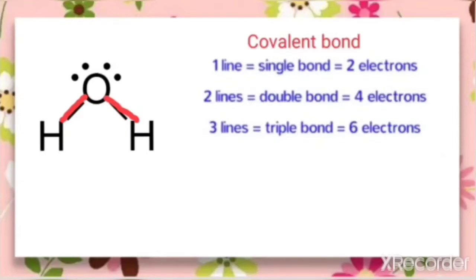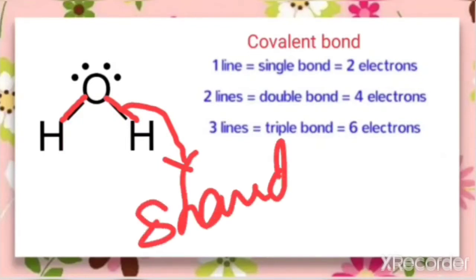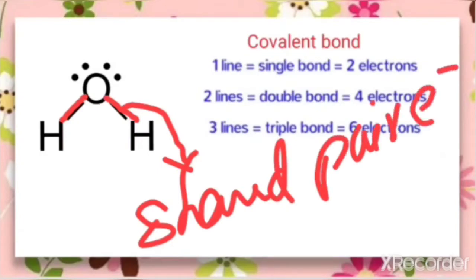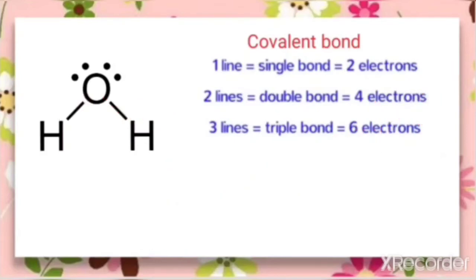The electrons involved in the bond formation are called the shared pair of electrons, the shared pair involved in the bonding. So these electrons are also called bonding electrons.